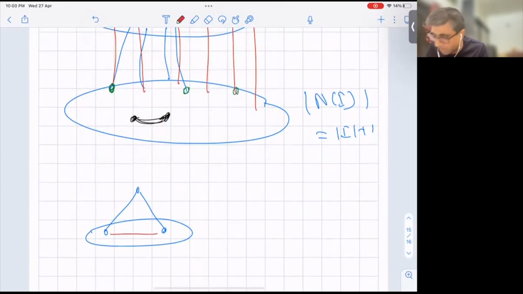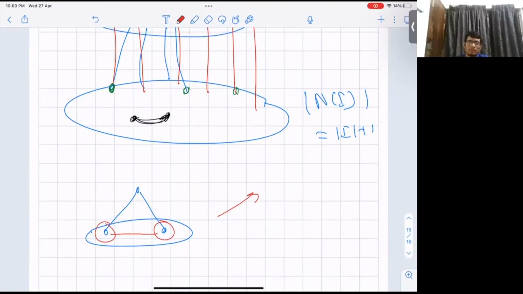If there's an edge between them, what was the reduction rule? We picked up both vertices in our solution. Is that right? Yes. Okay. Because I need to pick up that much.